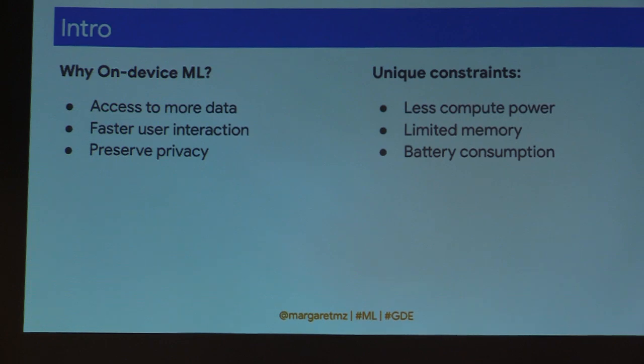But there are cases where you prefer to run the models on device. For example, if you want more access to the data these days, like edge devices and mobile devices that have access to a lot of data, and if you want faster interaction with your models.